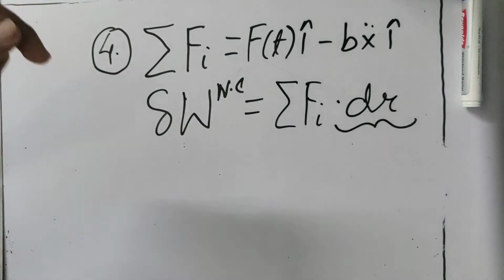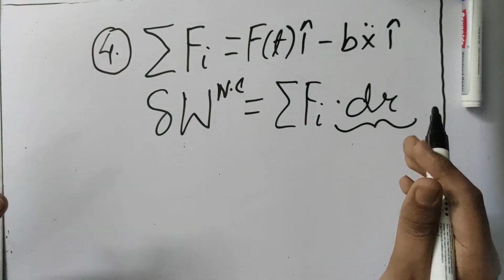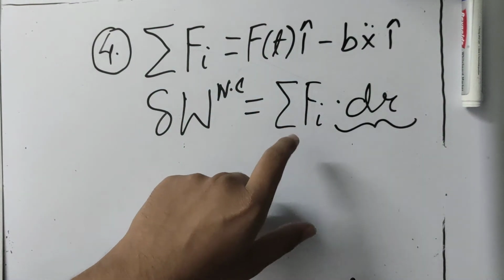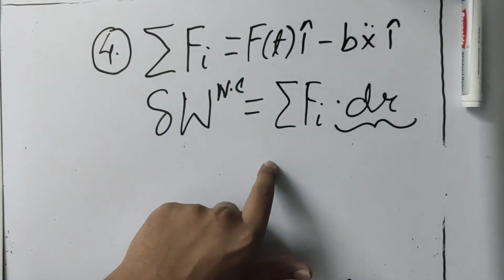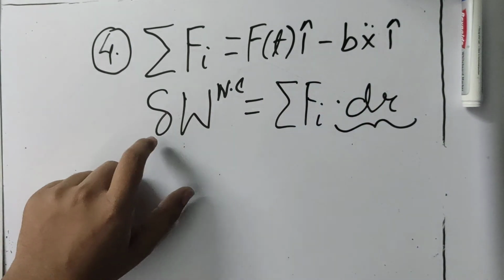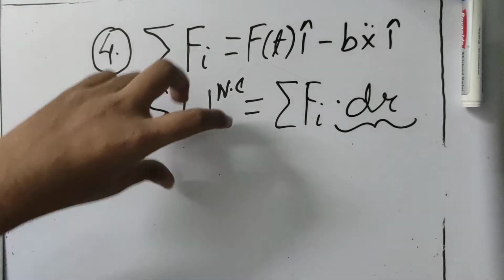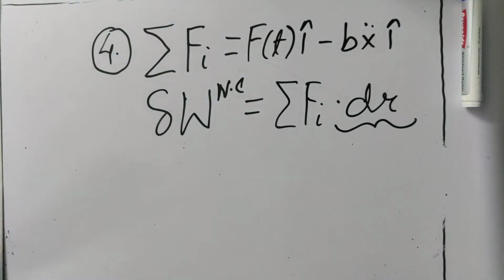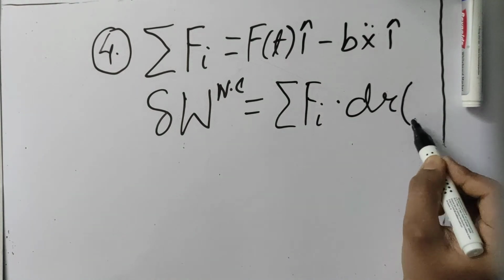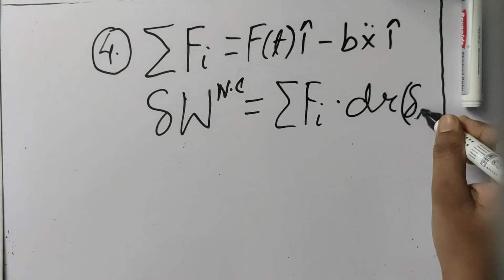So basically in this problem, dr is that small virtual displacement along which you will have some component of this sum total of forces, and when you dot product them, you will get this non-conservative work done. This is virtual work. And now in general, this dr is a function of the del q j's.